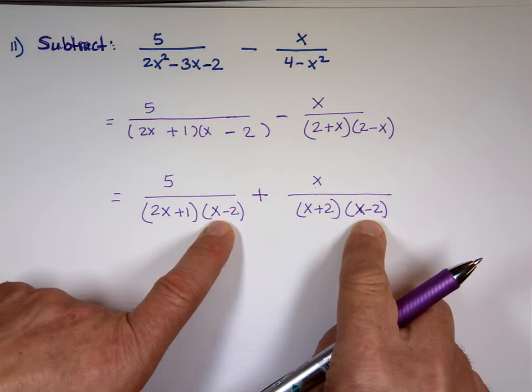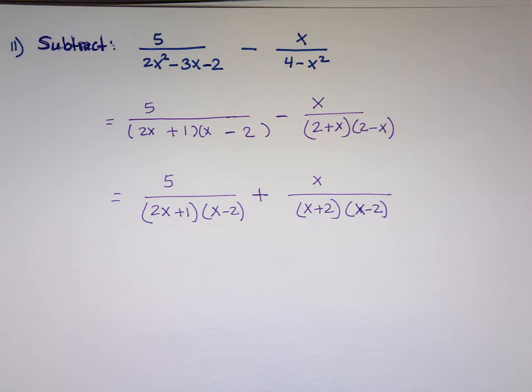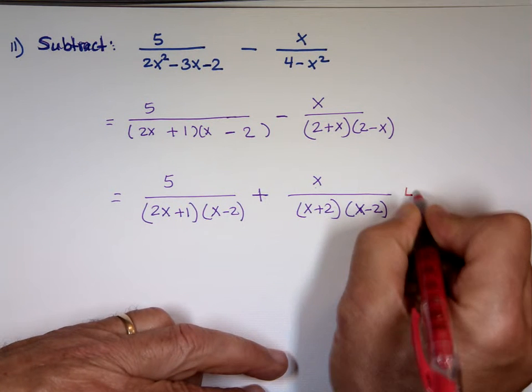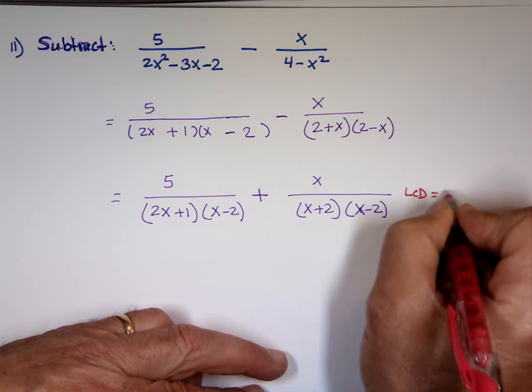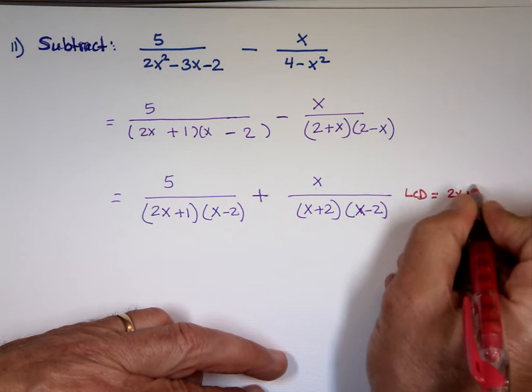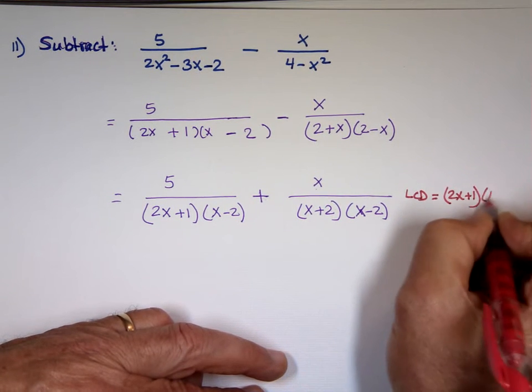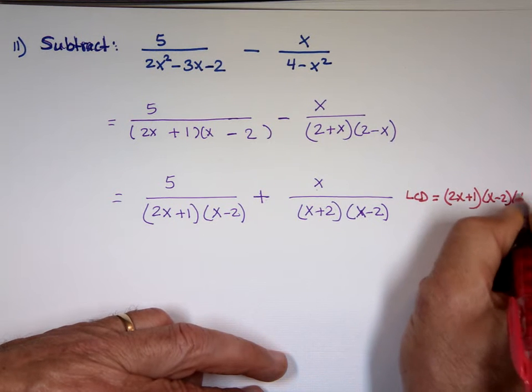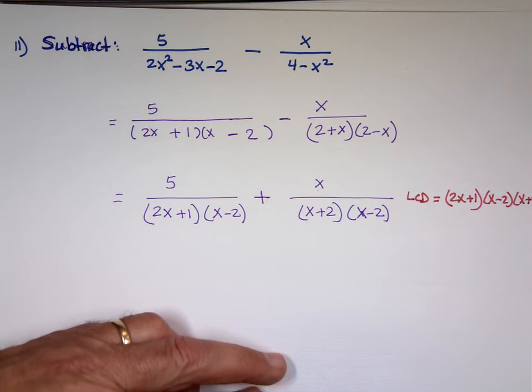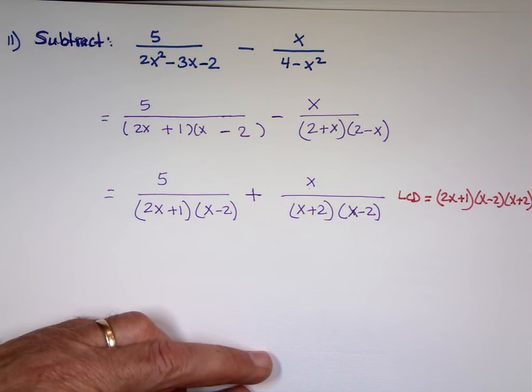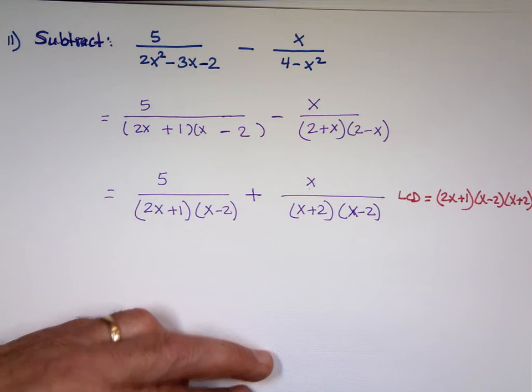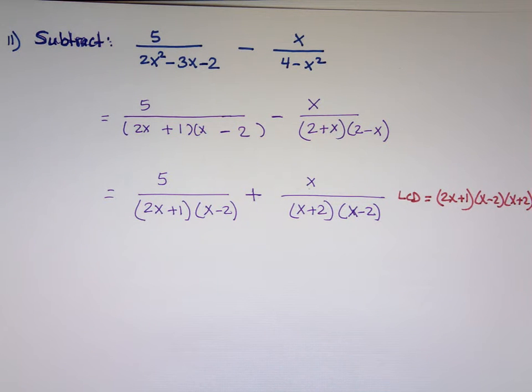So my LCD now, which is the multiplication of all the different factors, is going to be 2x plus 1, x minus 2, x plus 2. So here we go.